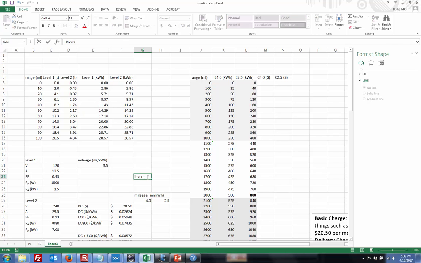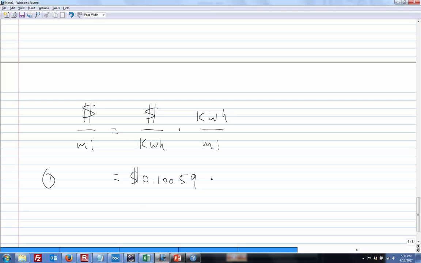Inverse equals 1 over. Why are you doing that? Well, it's kilowatt hours per mile, not miles per kilowatt hour. Because we've got dollars, we want to figure out dollars per mile, and we know the dollars per kilowatt hour is our energy charge.